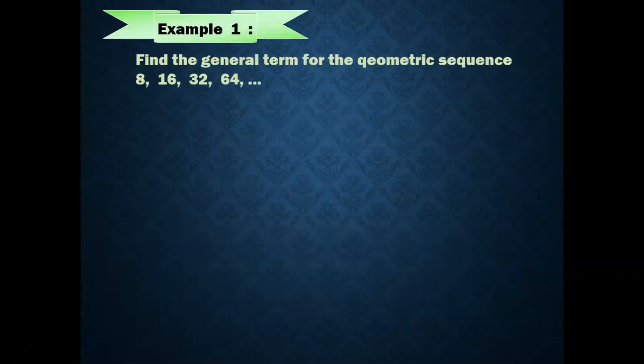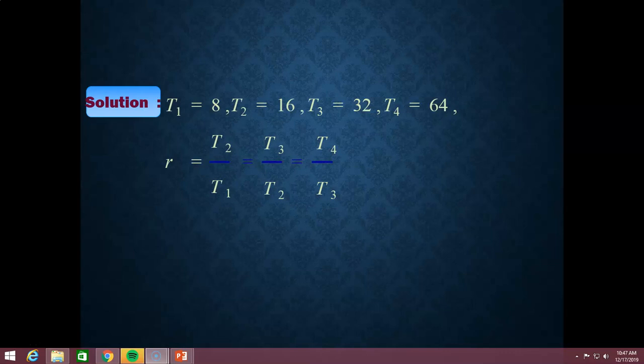Now let's look at a few examples. Find the general term for the geometric sequence 8, 16, 32, and 64. Write down all the information that you have: the first term is equal to 8, the second term is 16, the third term is 32, the fourth term is 64.